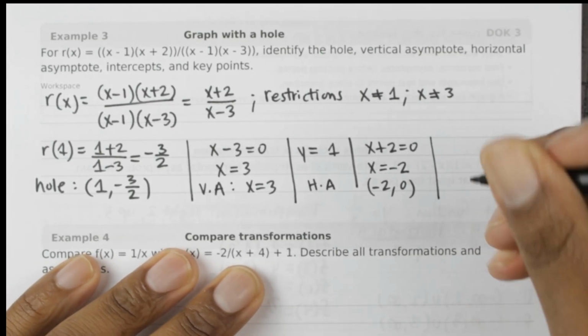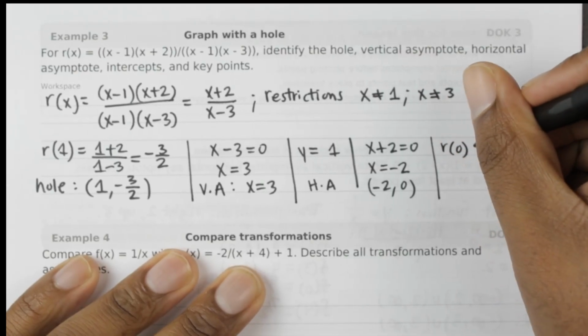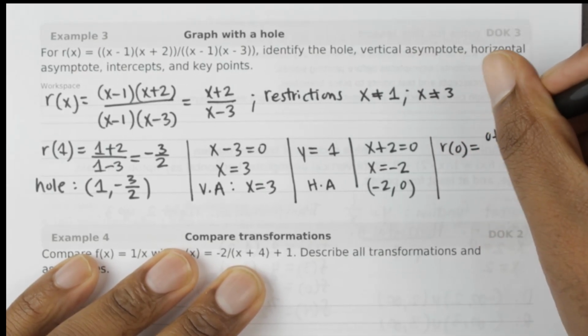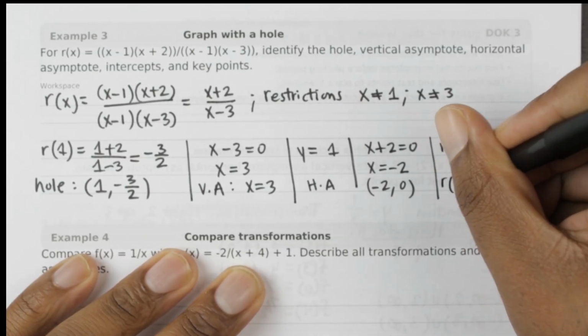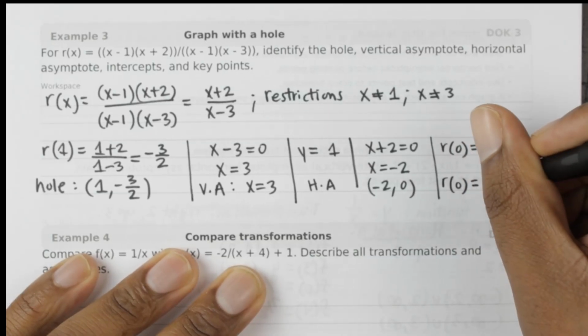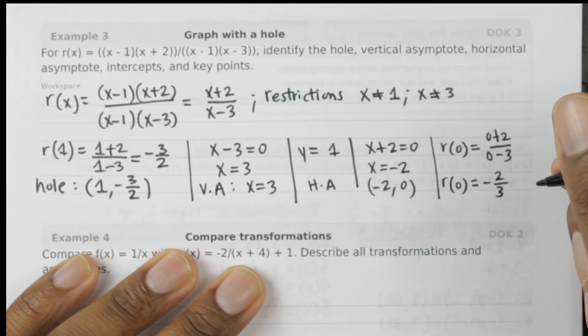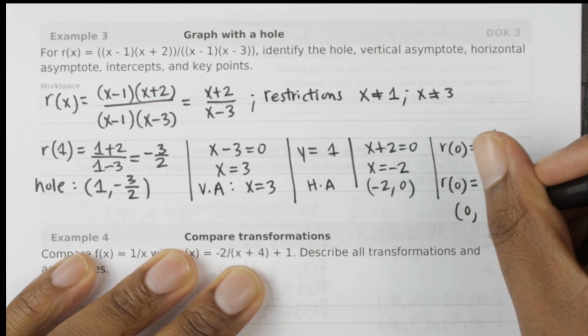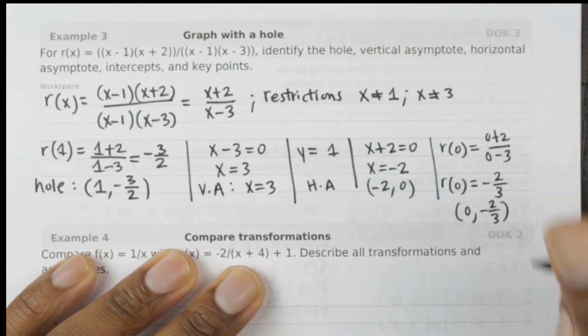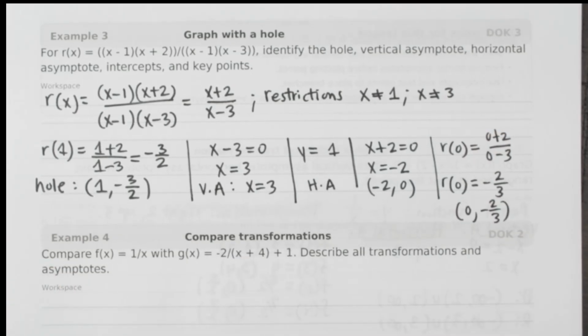So the y-intercept would be r(0) equals (0 plus 2) over (0 minus 3), so r(0) is going to be -2/3. So that would be (0, -2/3). That would give us our y-intercept.